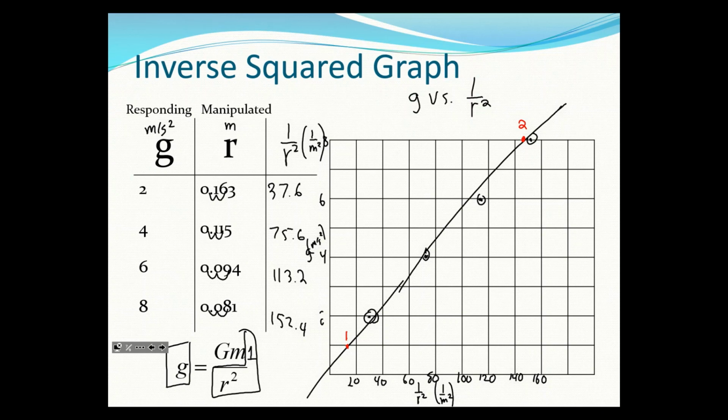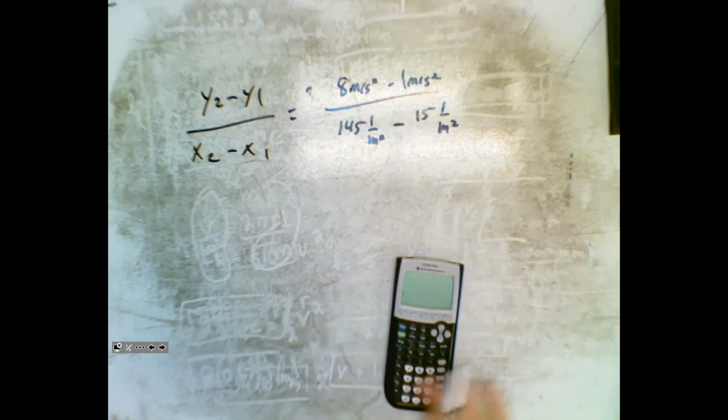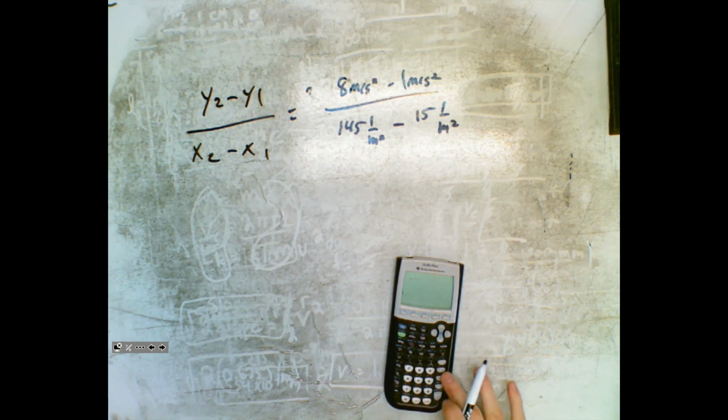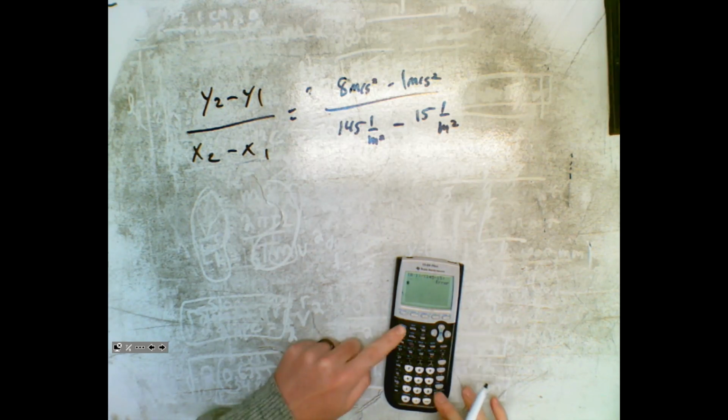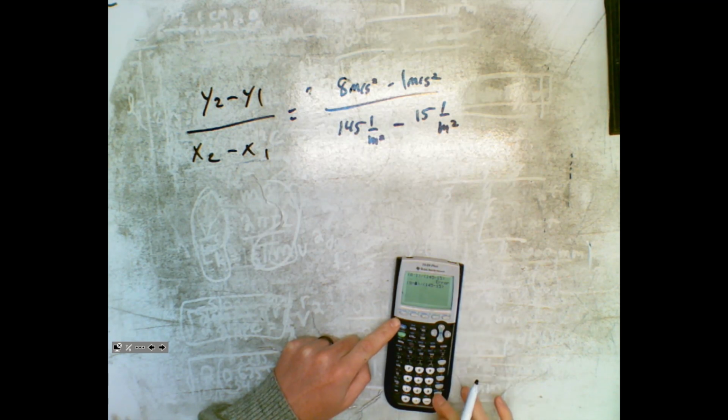So, yeah. So let's calculate what our slope is. So we'll go 8 minus 1 divided by 145 minus 15. I did a negative instead of a minus.